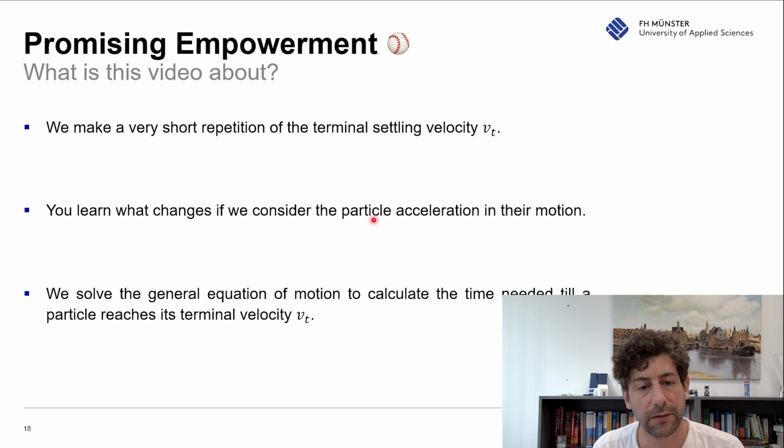And then we have a final equation of motion, the general equation of motion, and we have a differential equation for this, and therefore we solved this equation, and we took a look at one specific case, what is the time needed until a particle reaches its terminal velocity, which is below 1 second, so therefore terminal velocity is generally a good assumption.